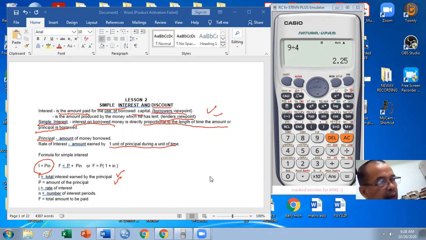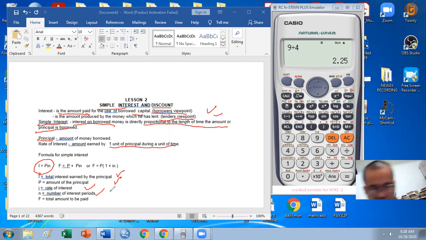That is actually per year. And then the number of interest periods, N, is the number of years.